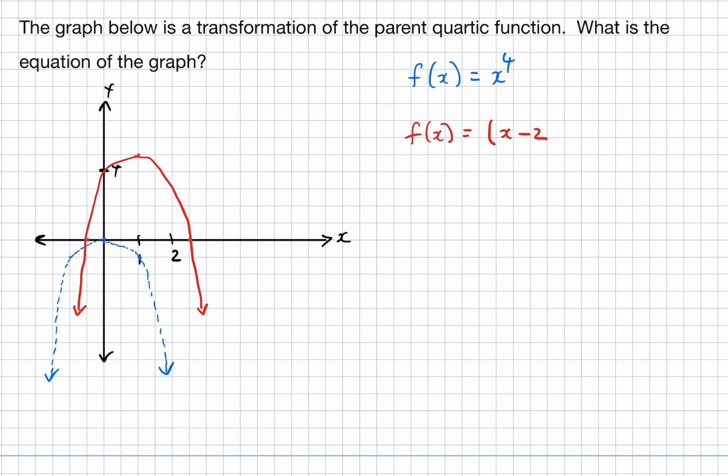So in this case, it's going to be x minus 2 to the 4th, and we said that it shifts up 1, 2, 3, 4, 5. This thing shifted up 5 right over here. So then that's going to be a plus 5. So this is the equation of the transformed function.